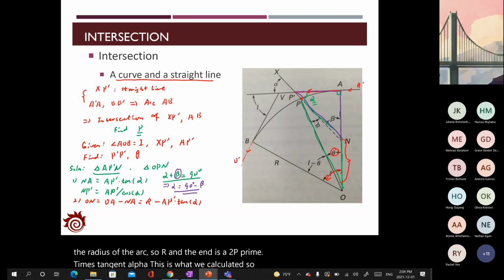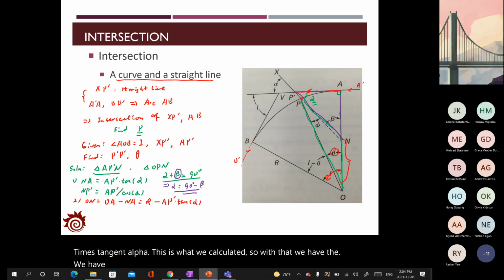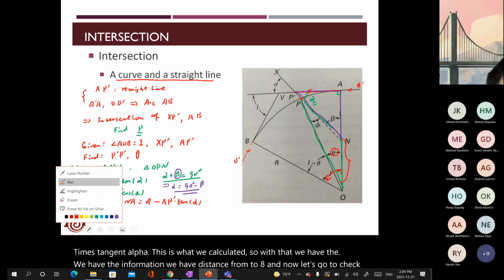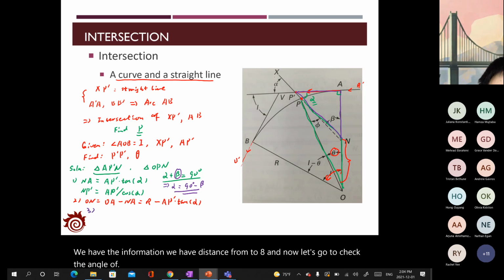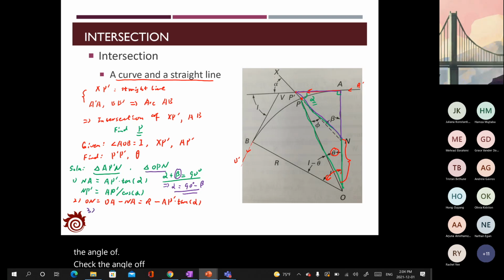So with that we have the information. We have the distance from O to a, and now let's check the angle of OPN.